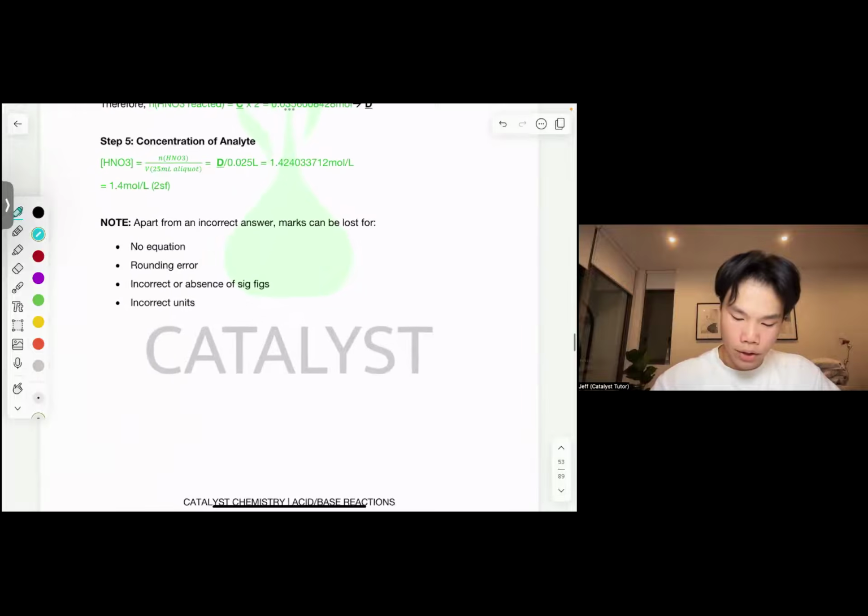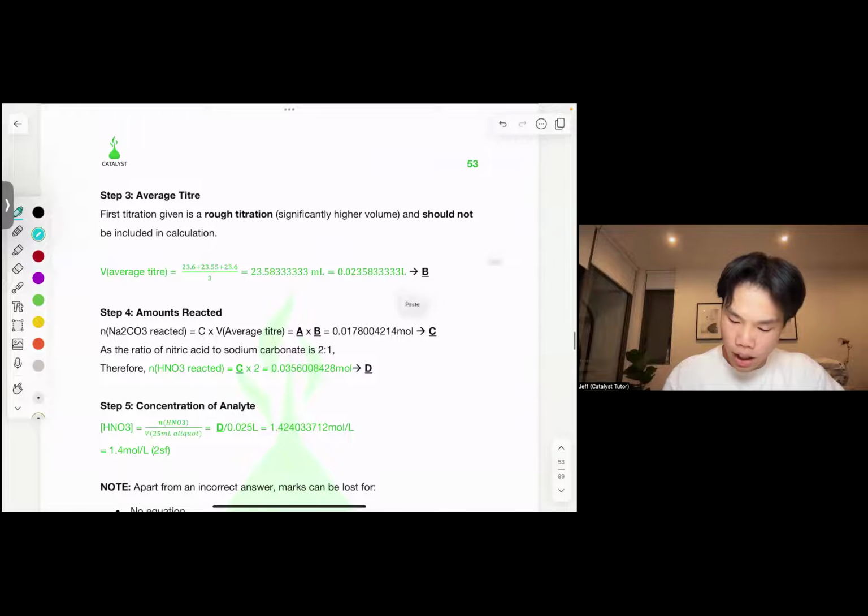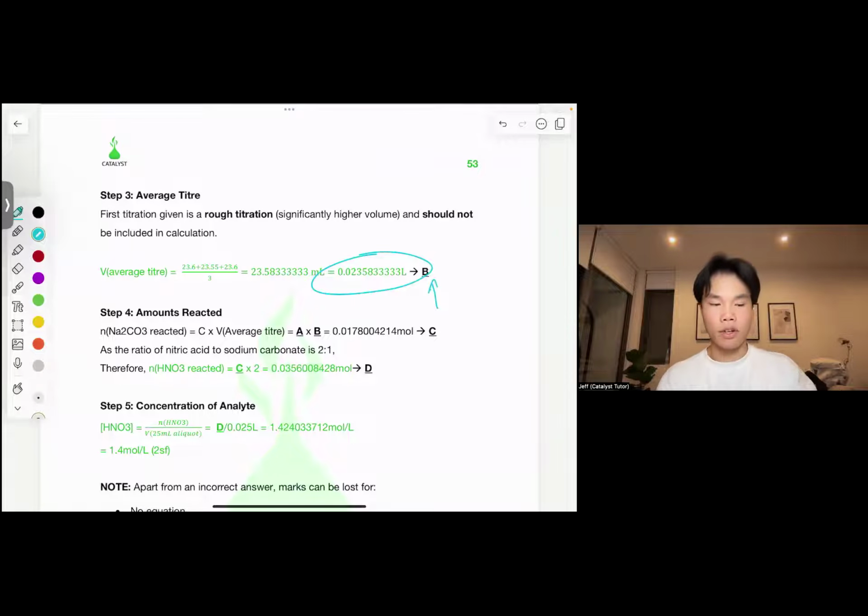Making sure that the things you don't forget are an equation, rounding error. So with your rounding error, what I mean is when you're doing your calculations early, keep your numbers exact and even save them in your calculator. So for everyone who doesn't know how to save yet, you can always save numbers. For example, I put 88 in my calculator.